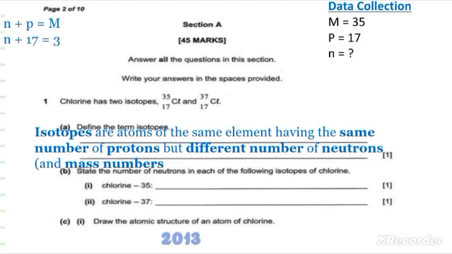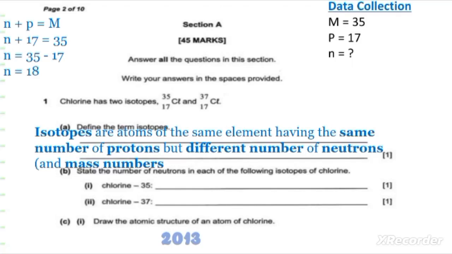So for the neutron, the proton number we have is 17, according to our data collection here. We are going to group the like terms. The number of neutrons is equal to 35 minus 17, which is 18.